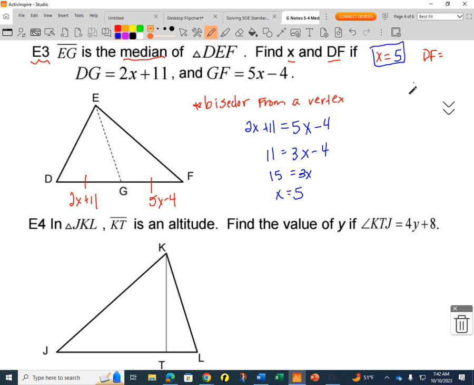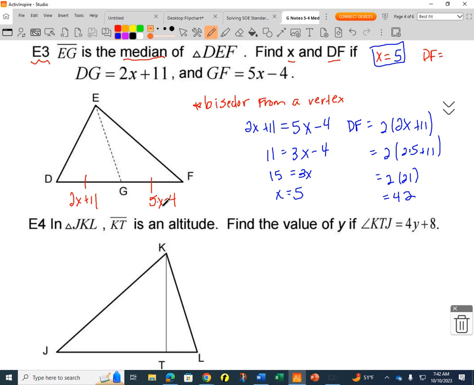And we can use x is 5 to find DF. I know DF is the same as DG plus GF, but it's also the same as 2 times 2x plus 11, or 2 times 5x minus 4. So that's what I'm going to do this time. DF equals 2 times 2x plus 11, so 2 times 5 plus 11. 2 times 21 is 42.